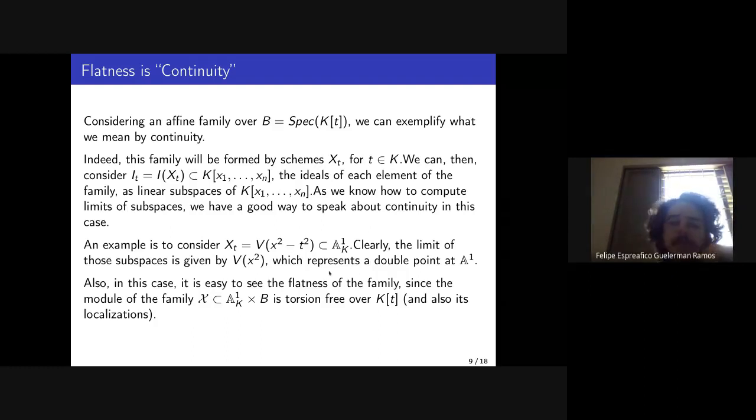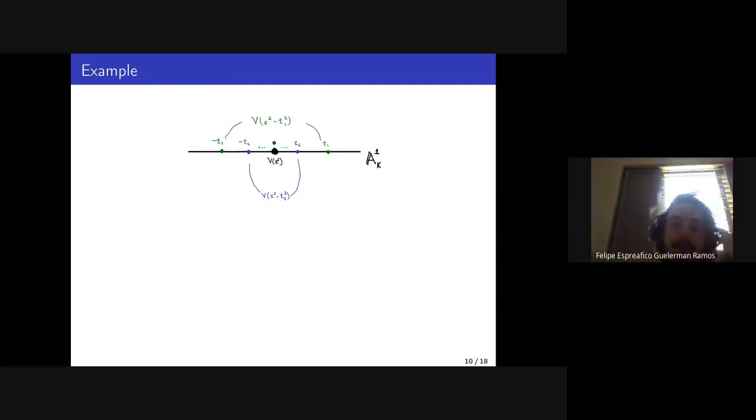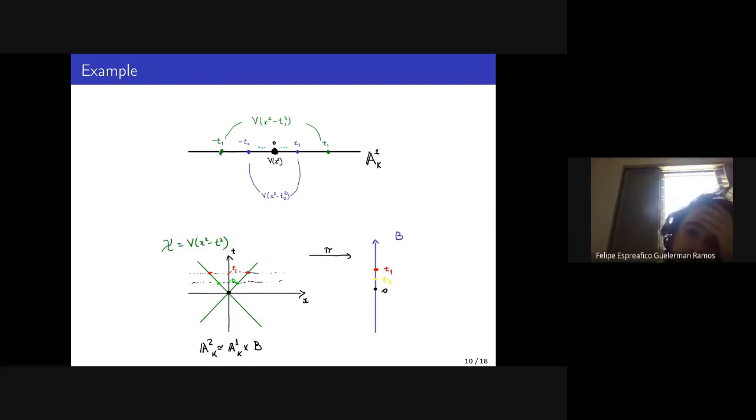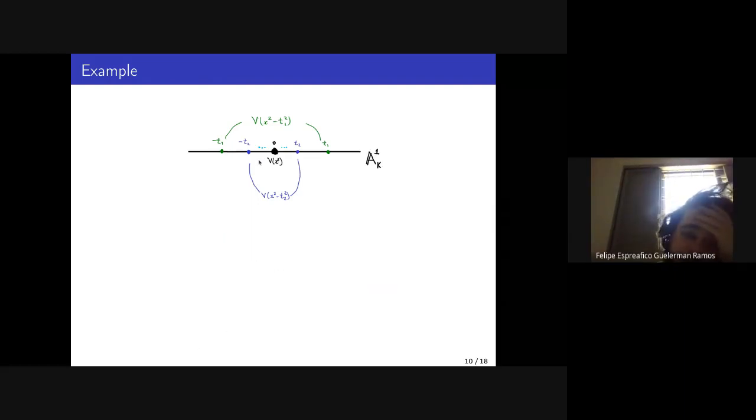You could compute the flatness algebraically, directly, because if we look at the module at any point here, it will be torsion free over k[t] and the localization. So we wouldn't have to worry about flatness.